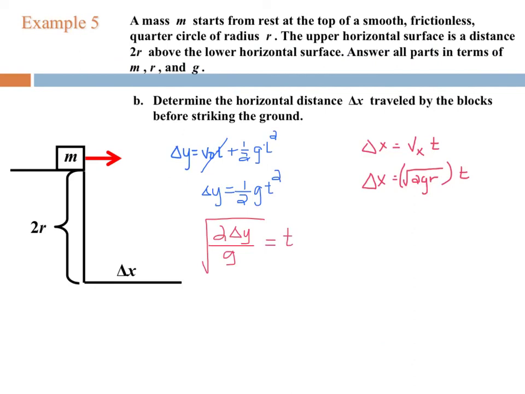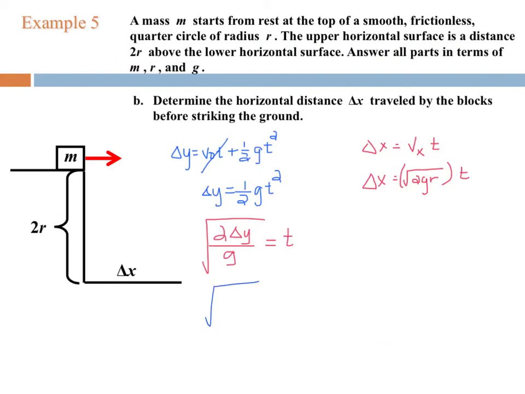Now again, I can go back over here. Actually, before I substitute it into my final equation, I need to make a couple of substitutions. Remember that my problem said I can only leave my answer in terms of m, r, and g. So again, I have a delta y here that I need to get rid of. But my delta y actually just happens to be 2 times r.